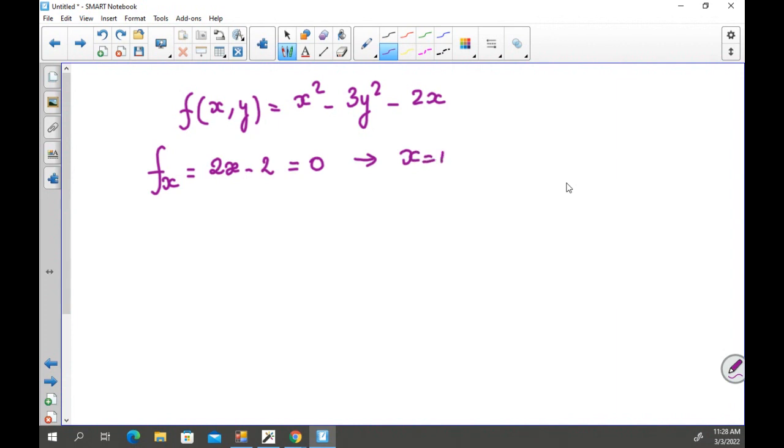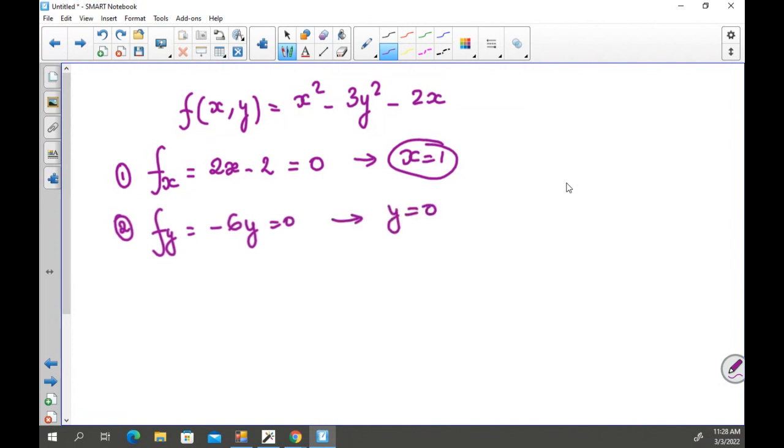That means x is equal to 1. Number 2, fy is minus 6y equal to 0, and this only happens when y is 0. So there is only one critical point for this function, which is (1, 0). Okay, so that is a critical point.